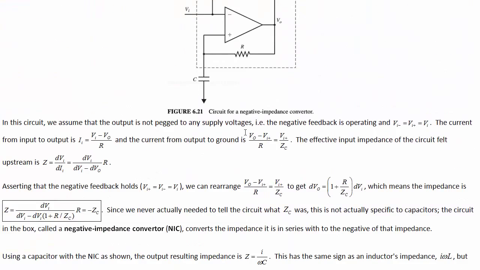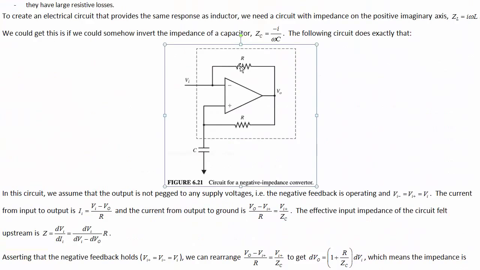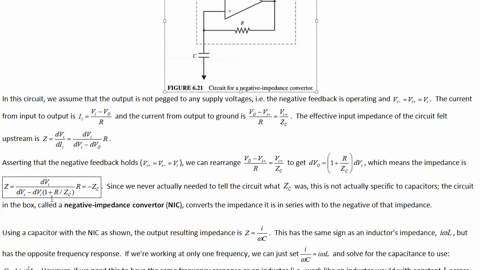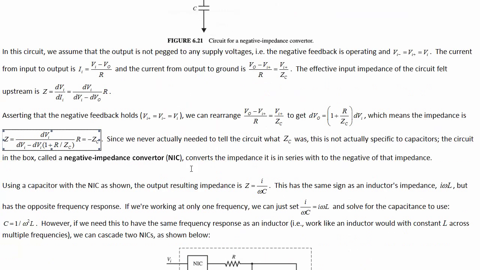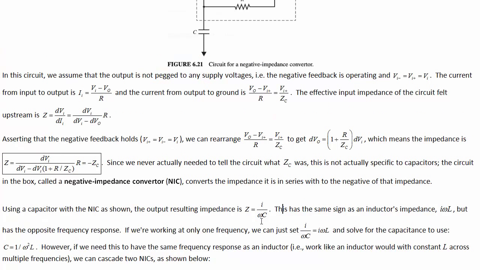Now this one here, the first simple one, if you just put a capacitor, then you find the output is negative ZC, which would give you an impedance of I over omega C. Okay, that's good. It's close to an inductor. It at least looks like an inductor at one frequency if you set this to be true at the frequency you want and solve for the capacitance you should use.